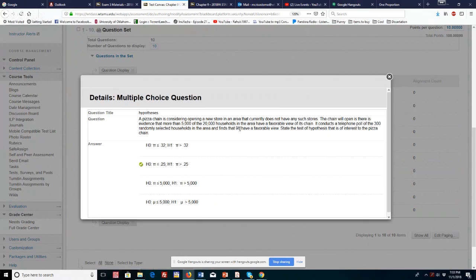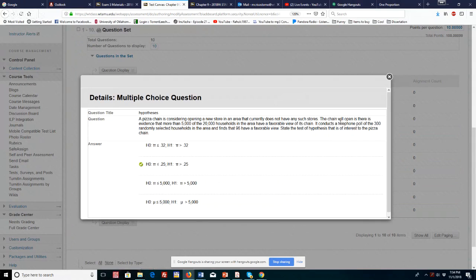So again, you want to consider those questions about the null and alternative hypothesis. Your alternative hypothesis is typically going to be what you want to prove, or if this occurs, then something will change. Whereas your null hypothesis is going to be the status quo.